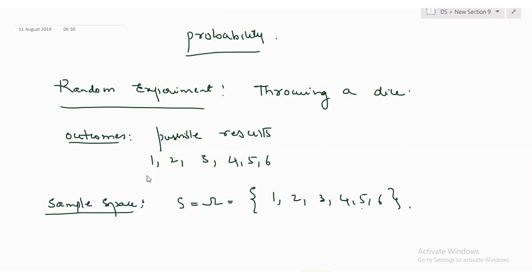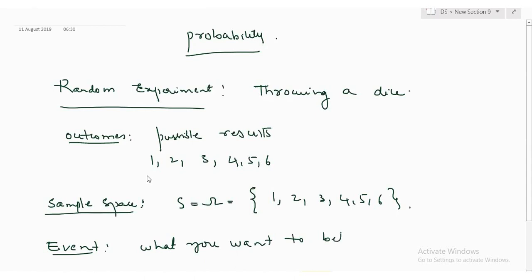All with me, guys? Event. Event is what you want to bet on. Let's say I want to bet on 1. That is an event. I want to bet on 1 as well as 2, that's also another event. Friends, what you want to bet on is the event.